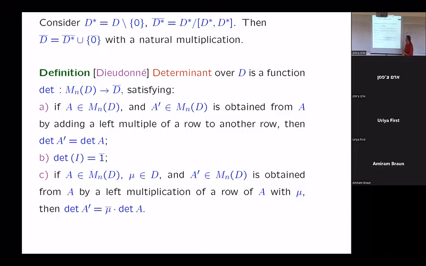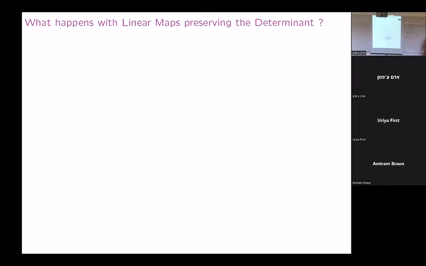So again, some natural assumptions about row-column linearity. If you add a multiple of one row, then you don't change the determinant. If you multiply a row, then you change the determinant in that form, and so on. So Dieudonné proved that such a function exists.